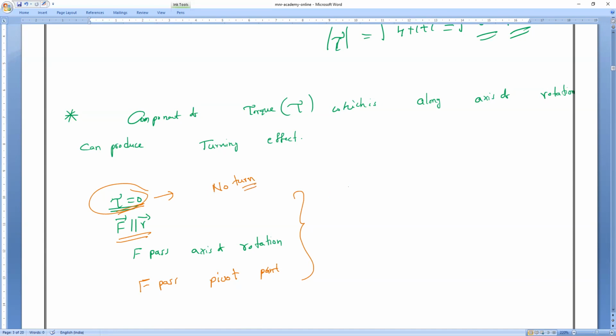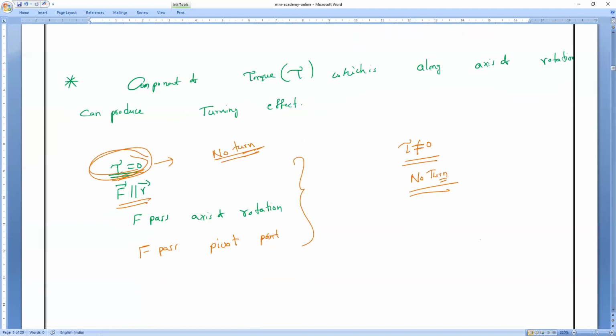And there is a particular case: even though tau, or torque, is not equal to 0, still there is no turning effect. So be very careful with this. Whenever torque becomes 0, there is no turning effect. But in a particular case, even though the torque is not 0, still there is no turning effect.